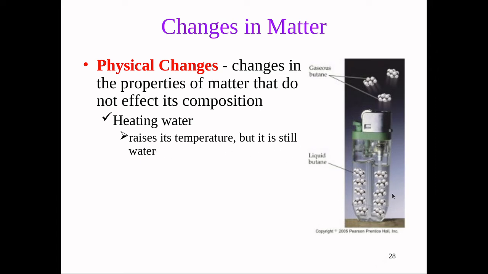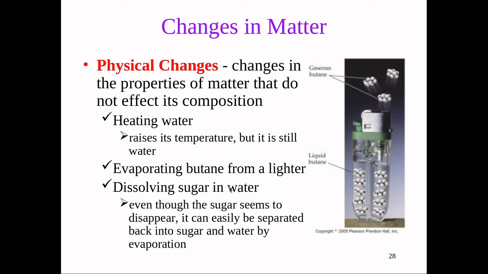If we look at our diagram over here, the butane lighter really is a good example for both chemical and physical properties. If I push down on the little button right there, I'm going to start to release butane. There are butane molecules in here as a liquid. When it comes out, it's a gas, but it's still butane. We haven't changed anything about the way that the atoms that make up butane are connected.